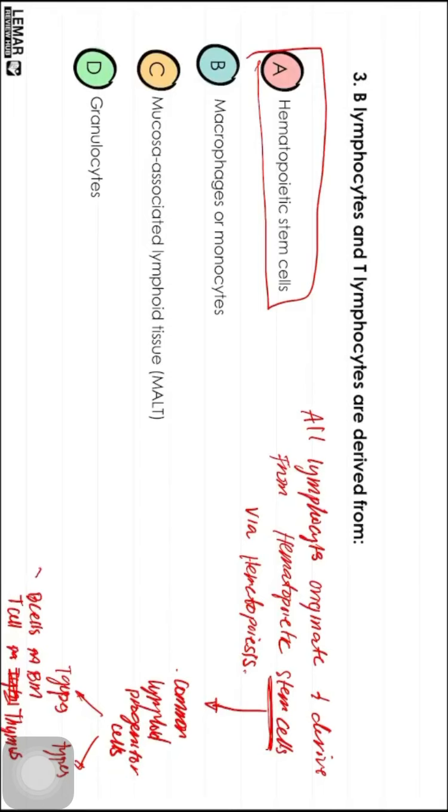So again po, for maturation of our cell types, the B cells will mature in the bone marrow, while your T cells will mature in the thymus. So for number 3, B and T cells are derived from hematopoietic stem cells. Letter A.